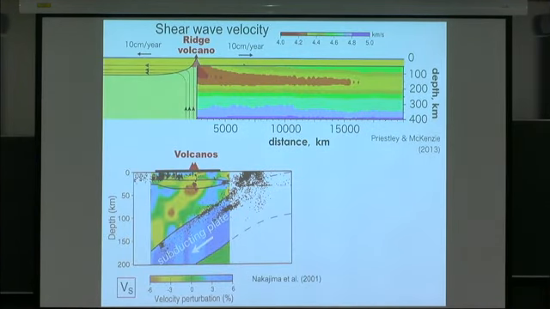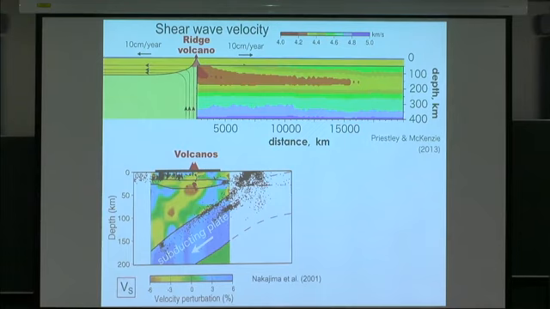Recently, we can obtain a highly resolved image of volcanic source regions by seismic tomographic study. This slide shows the shear wave velocity structure beneath the Pacific Ridge obtained by Priestley and McKenzie, and beneath a subduction zone in Japan obtained by Nakajima et al.